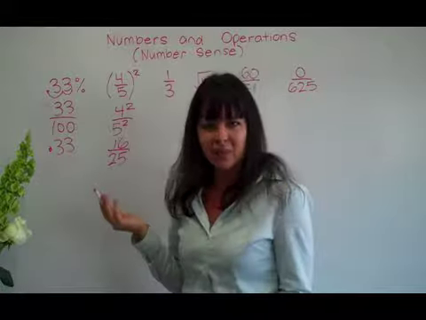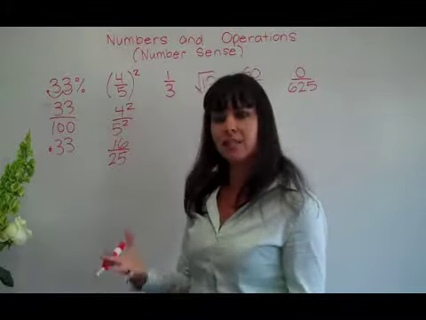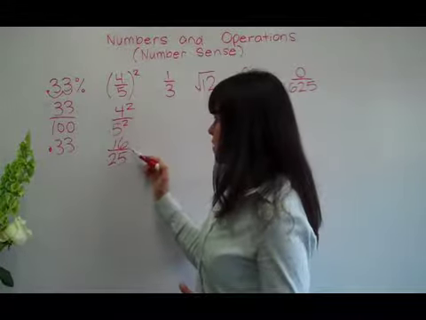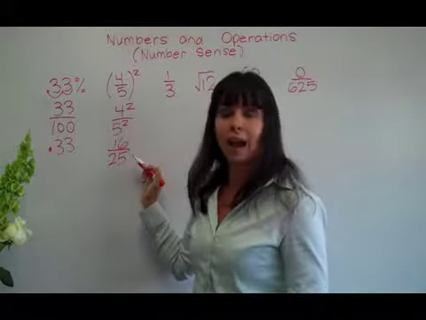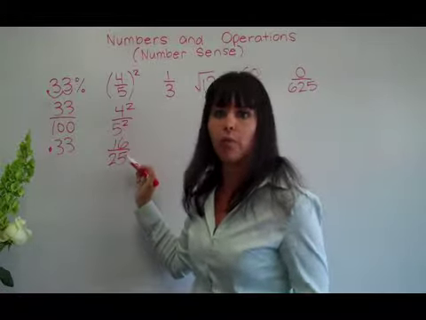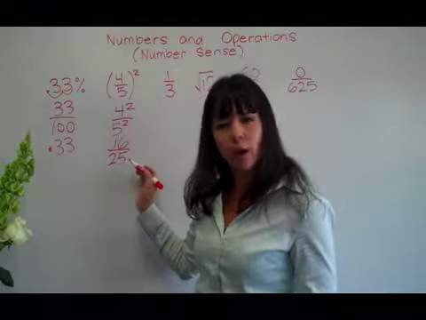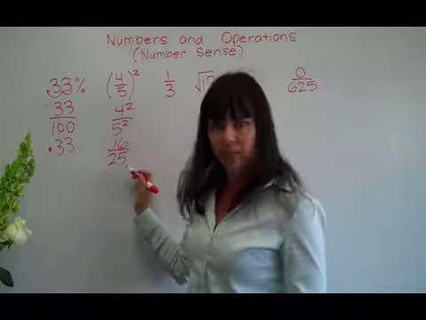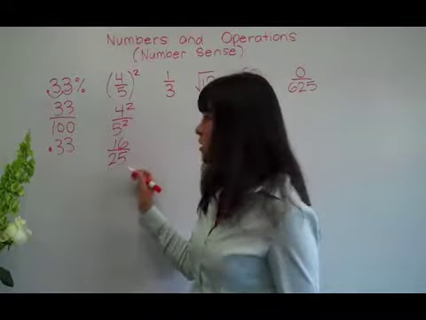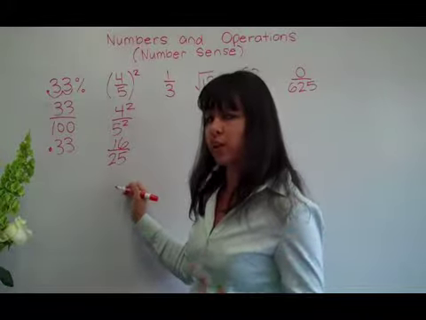Okay, but what does that even mean? Well, let's think about it in estimation terms. Is this greater than or less than 1/2? That's always a really good place to start with fractions. Well, in order for it to be 1/2, it would need to be 12.5 over 25, which would be half of 25. So we definitely know that it's greater than 1/2.